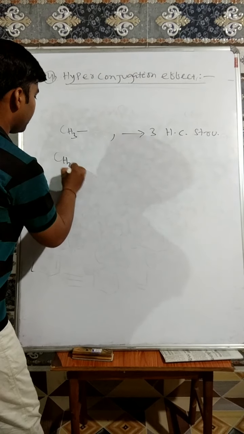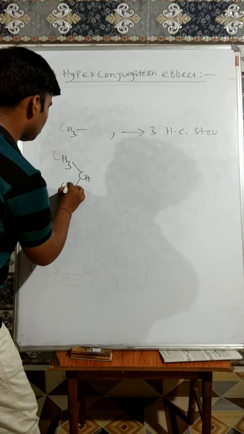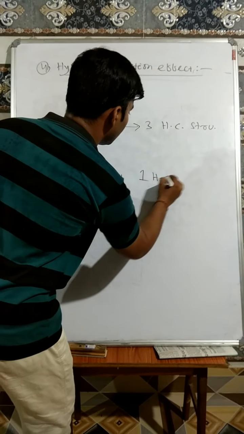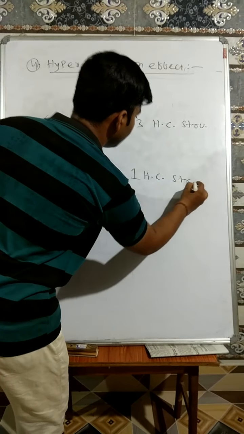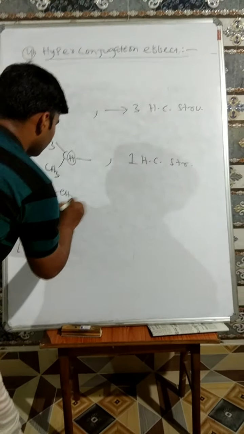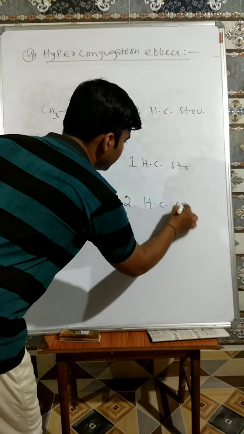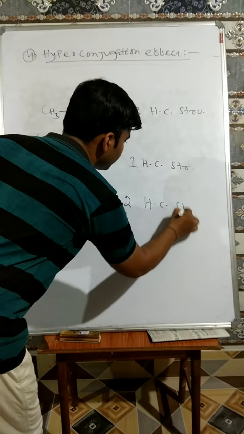An isopropyl group can show 1 hyperconjugative structure because there is 1 alpha hydrogen atom. Similarly, an ethyl group can show 2 hyperconjugative structures because here 2 alpha hydrogen atoms are available towards the double bond or multiple bonds.